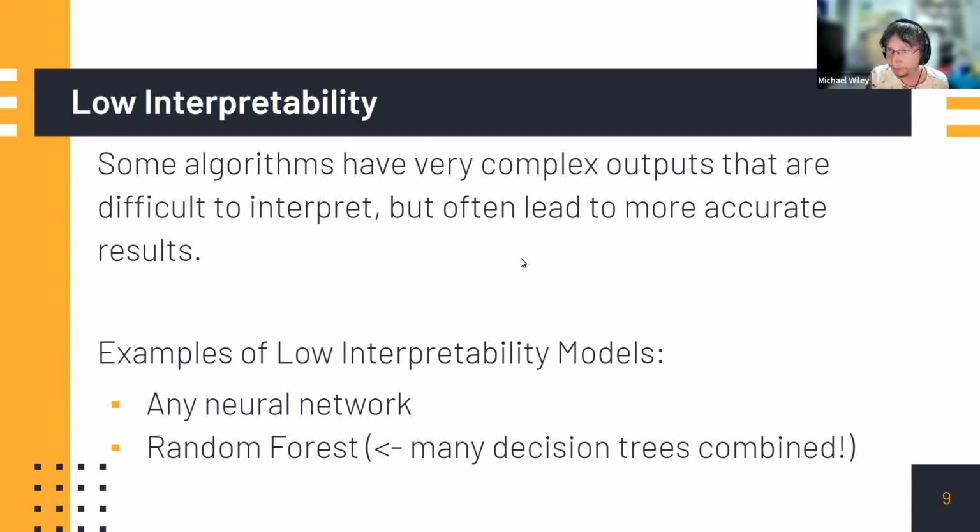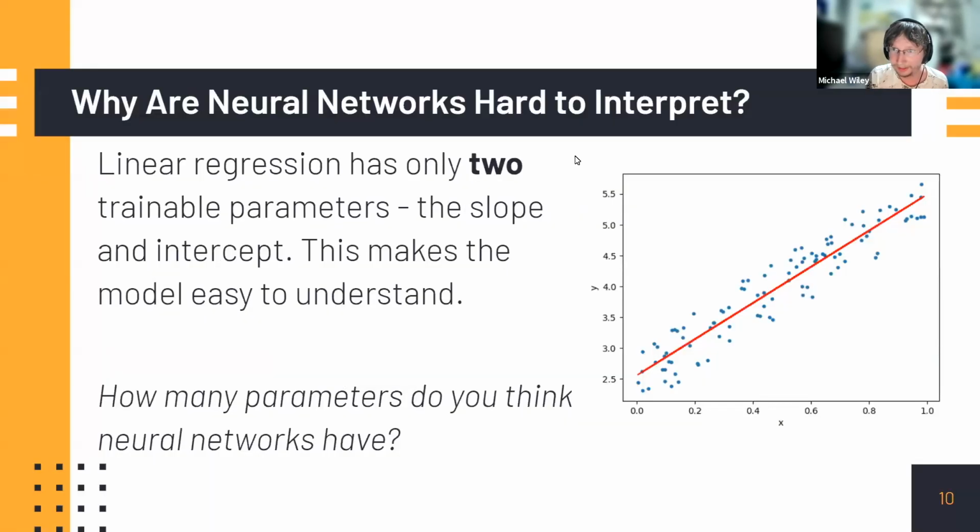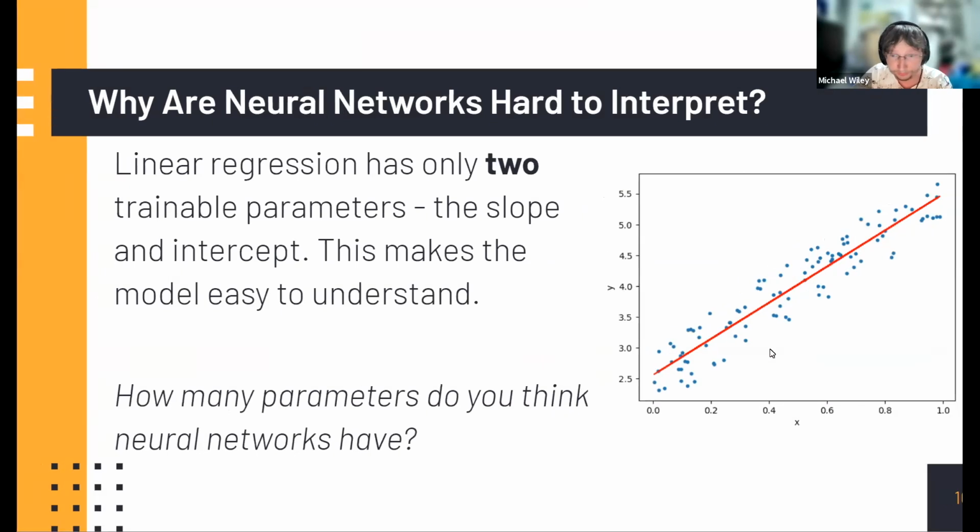Great. So before we talk about why some of these networks are so uninterpretable, let's look at something that is interpretable, like linear regression here. Linear regression is very nice because there's only two parameters that we need to train, that being the slope and the intercept. And both of these happen to have very convenient outputs for us. We know exactly what the slope means.